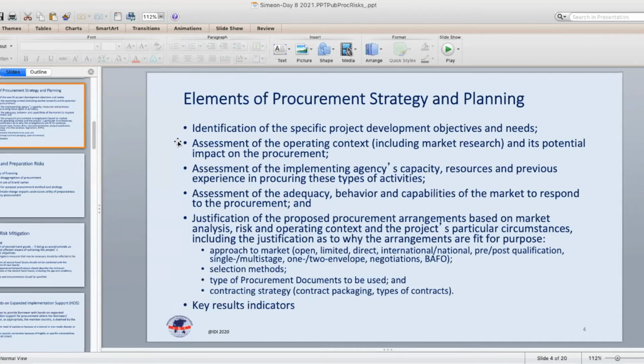That's an interesting question. The contract is between the procuring entity and the contractor. The World Bank is not a party to the contract, typically.